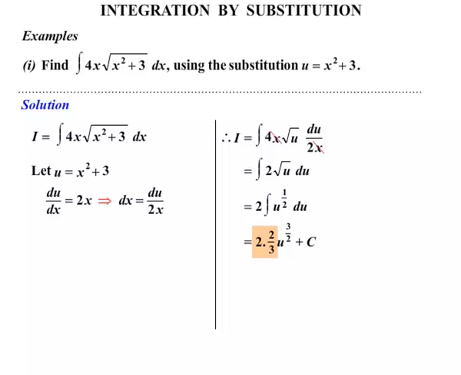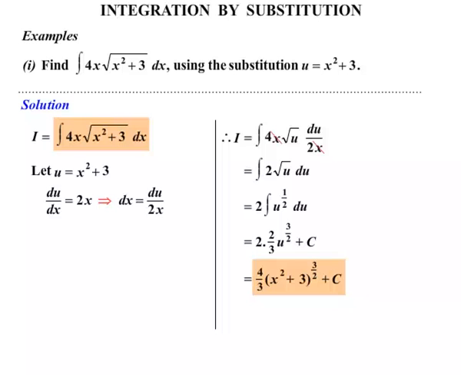So 2 times 2/3, we can write that as 4/3. Now u to the power of 3 on 2, well, don't forget what u was, x squared plus 3. So let's just bring the x squared plus 3 back into play, plus c on the end. Now, at this point, that's okay. That could be a final answer, but good technique is to answer it in terms of the original question.